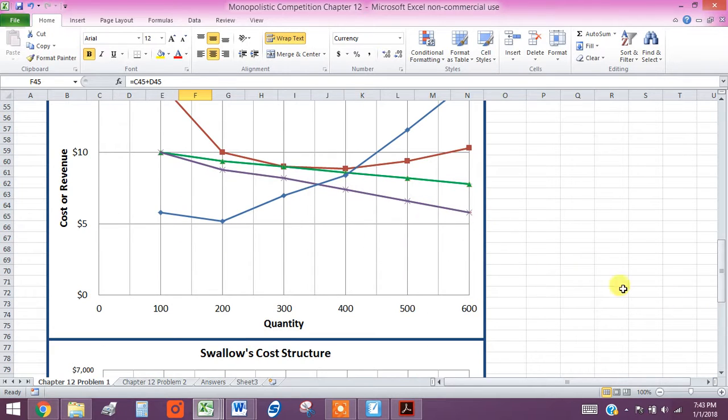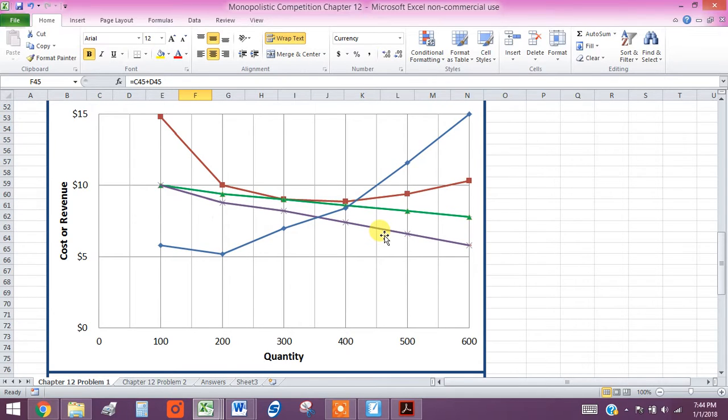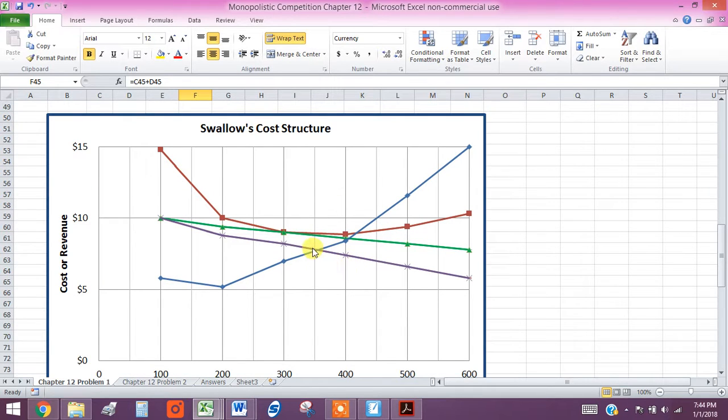So at this point for sure, the demand curve is elastic. If you remember, demand would be unit elastic where marginal revenue equals 0, and where total revenue is maximized, which would be way over here somewhere. So this graph doesn't even come close to showing that point. And demand would be inelastic if marginal revenue was negative or less than 0.